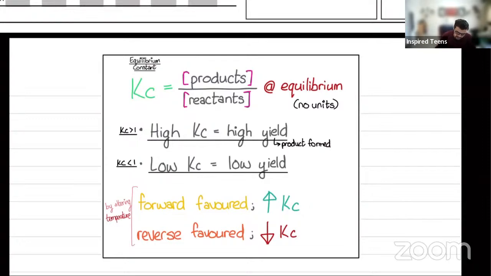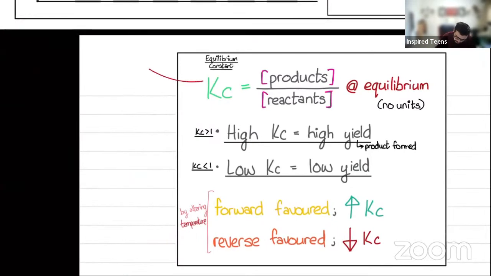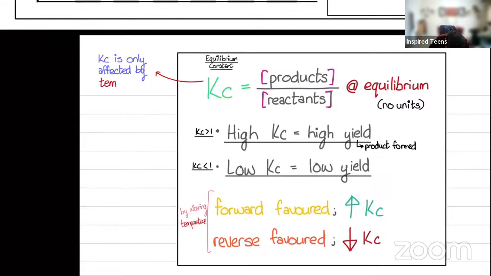Another thing to note, which is very muy importante, about Kc, where can I write it? I normally write it somewhere here. Kc is only affected by one thing, and that is temperature.